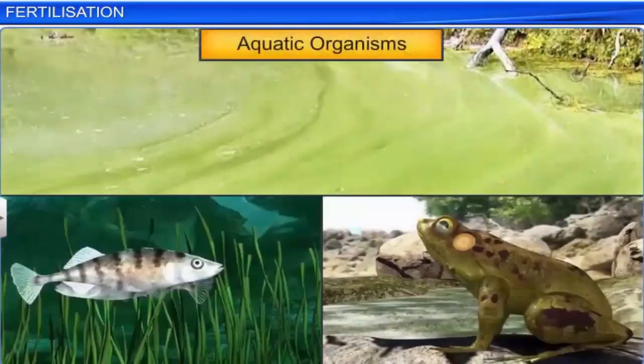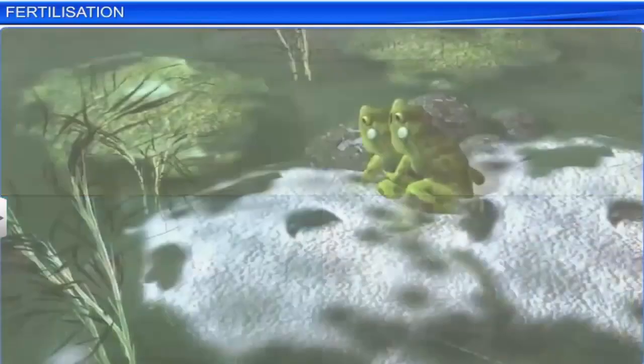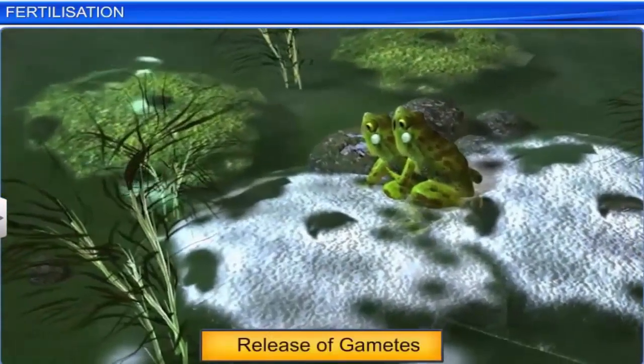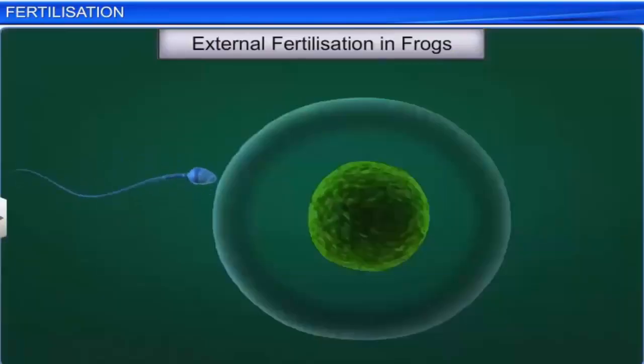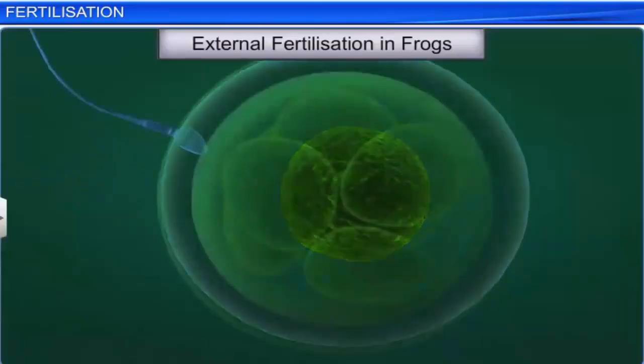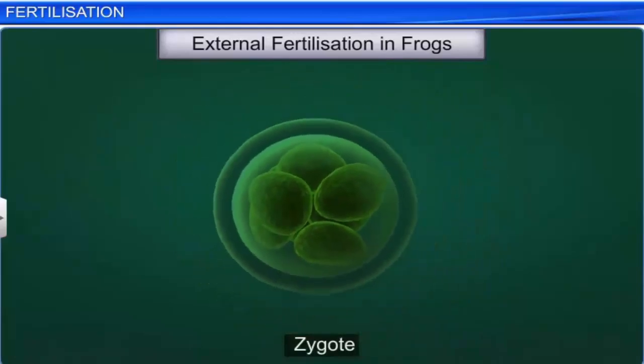In most aquatic organisms, including algae, fish, and amphibians such as frogs, fertilization is external, where the male and female release their gametes in water, and the fusion of the gametes as well as the formation of the zygote occurs outside the body of the organism, that is, in an external medium such as water.